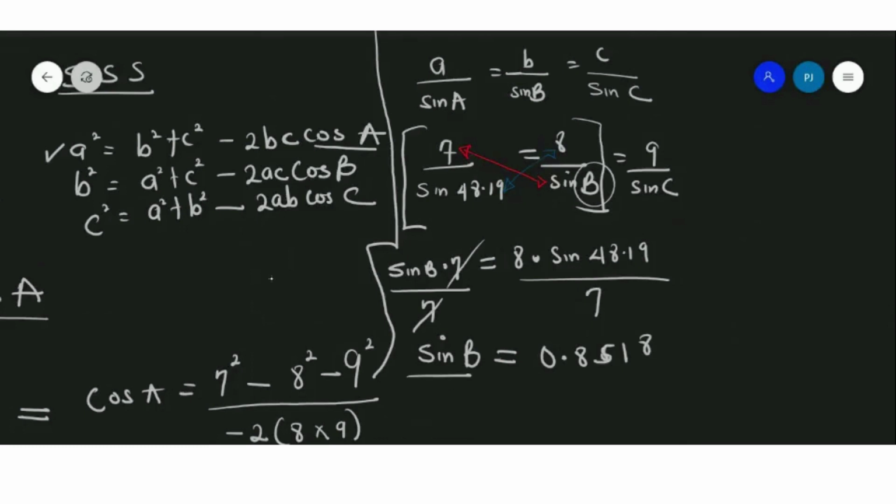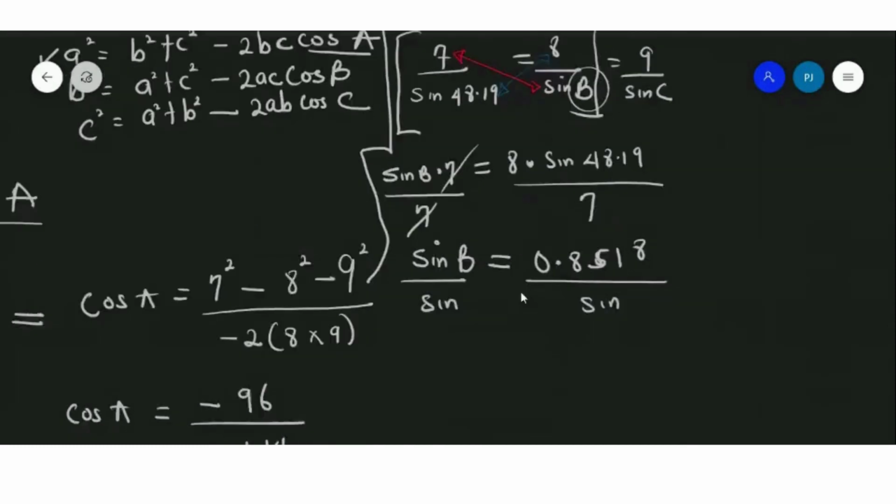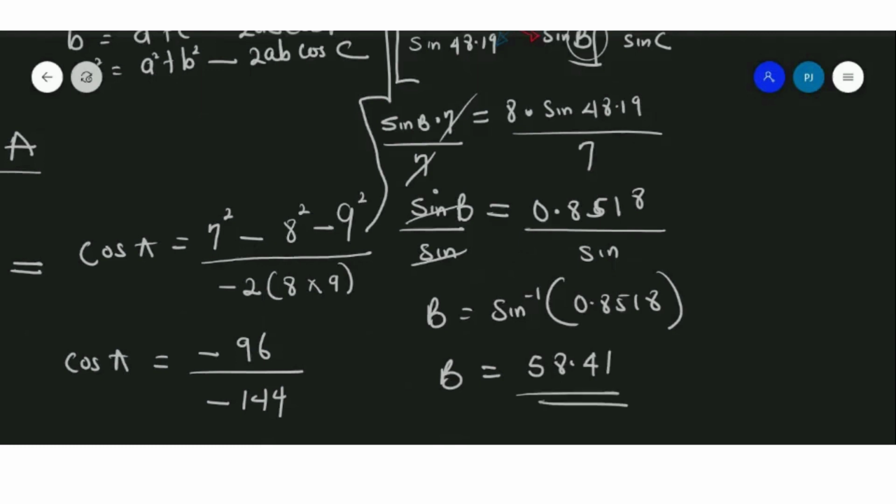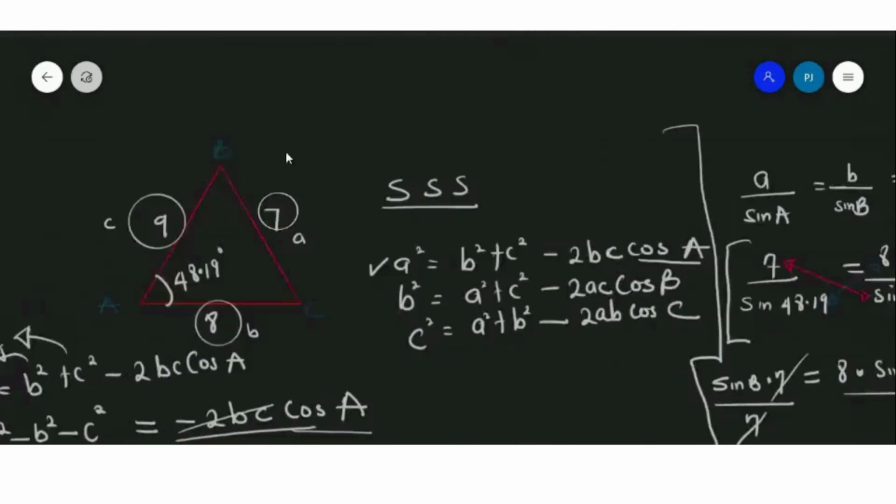Remember the same process: we take the inverse sine of both sides, so the sine cancels. So B is equal to the sine inverse of 0.8518. What is B? It's on your calculator, and your answer will be 58.41. So this is the angle, 58.41 degrees, for B.